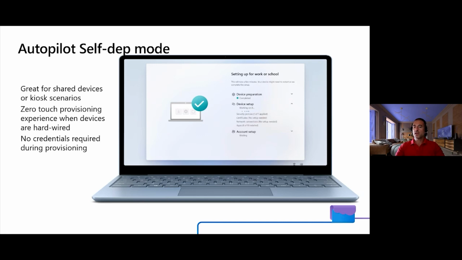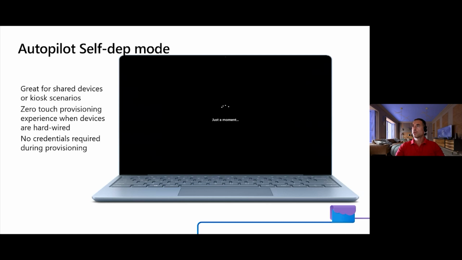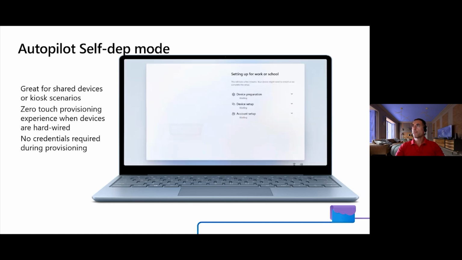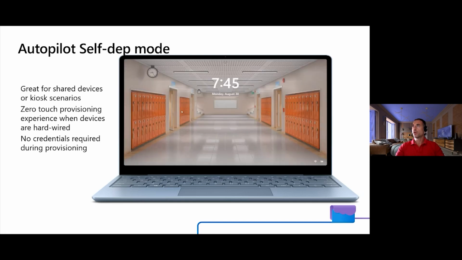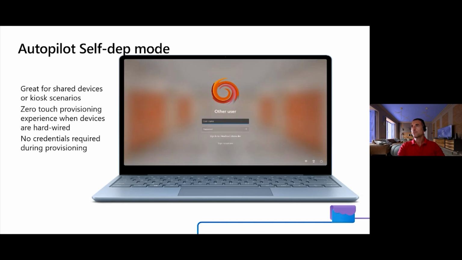Apps and settings are installed, security policies are processed, and once it completes, the user will be able to sign in to his device with his own credentials. Again, all apps are installed, the settings have been applied, and the device is ready for productive use.